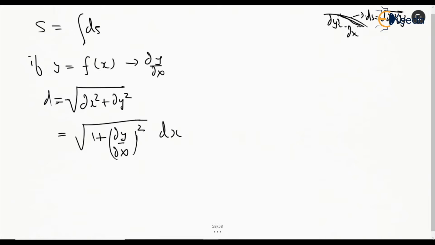In that case, it will be easier to integrate for the length of the curve. We can integrate this. Let's say this is term alpha.